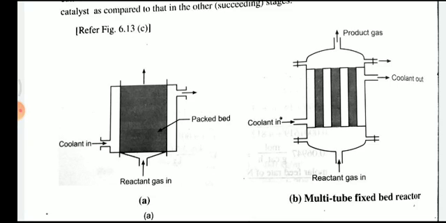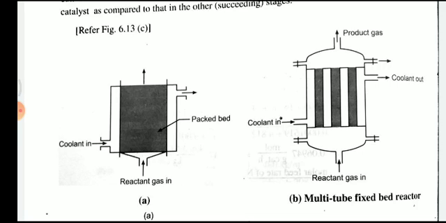Okay, so it flows from bottom to top. And in the multi-tube fixed bed reactor, the tubes consist of catalyst, and there are a number of beds connected in series. So fluid must pass through all of this catalyst.